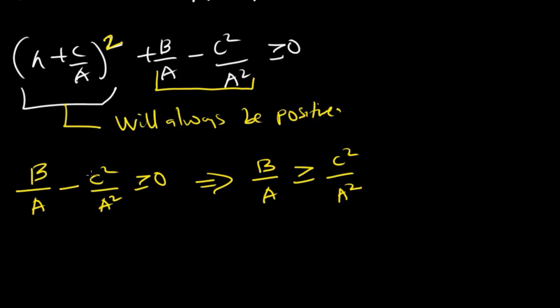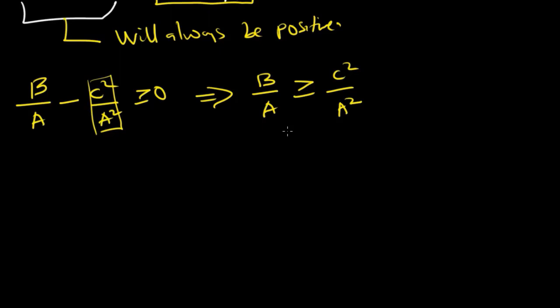So now I'm taking this to the right hand side. This is at the same time as writing B over A must be greater than or equal to C squared over A squared. And again, I can rewrite this as C squared over A squared is less than or equal to B over A. Now I've changed the symbol from greater than or equal to, to less than or equal to.